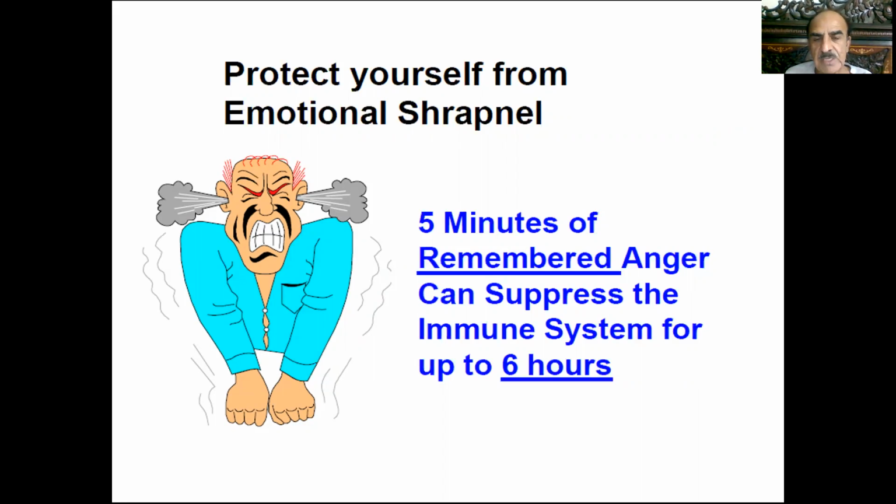Five minutes of anger which you could not forget leaves a psychological impact on your psyche or on your emotions, and can definitely depress and retard your body's immune system.